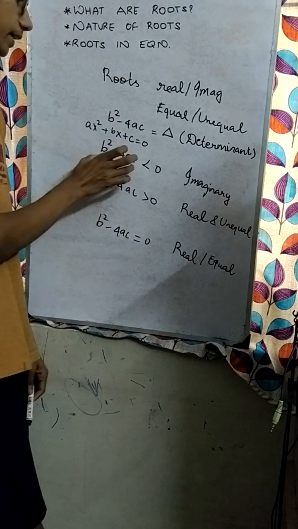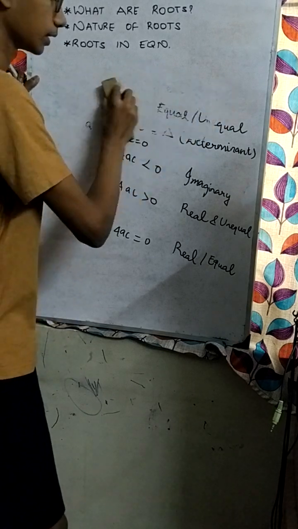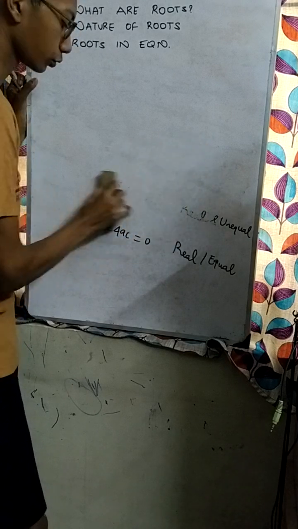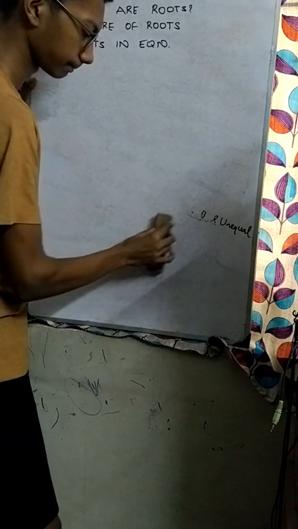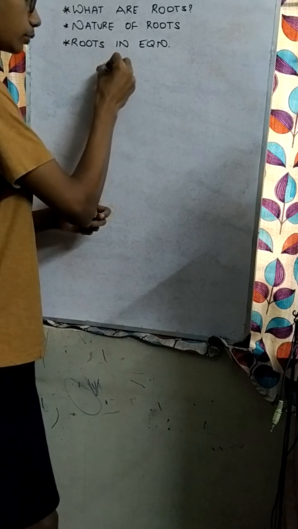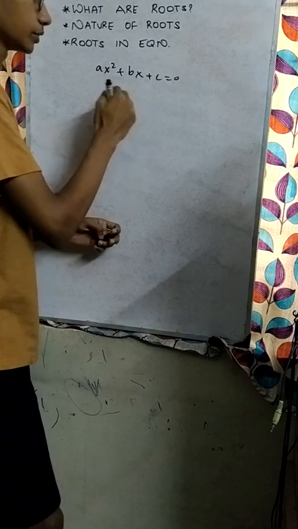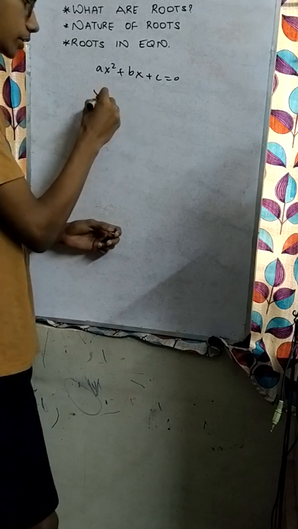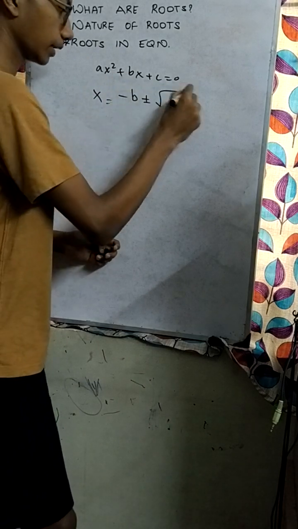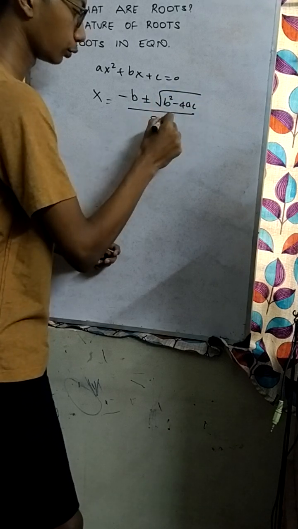So where do we get this b square minus 4ac? That is from the quadratic formula which we use to solve a quadratic equation. That is, when we have an equation ax square plus bx plus c equals 0, this is the general form of a quadratic equation. The quadratic formula is minus b plus or minus root b square minus 4ac by 2a.